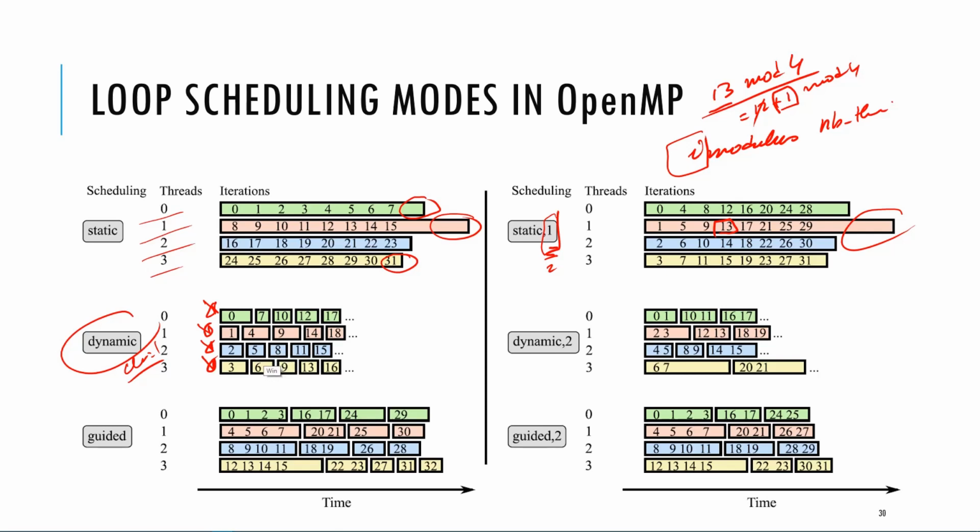if thread, let's say, number 1 finishes first, in this case, the iteration number 4 will be assigned to that thread because it really was the first to finish, okay? After that, thread number 2 finishes, so the next chunk, which is iteration number 5, will be associated to thread number 2, okay?